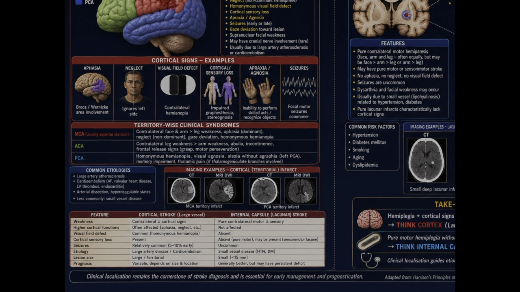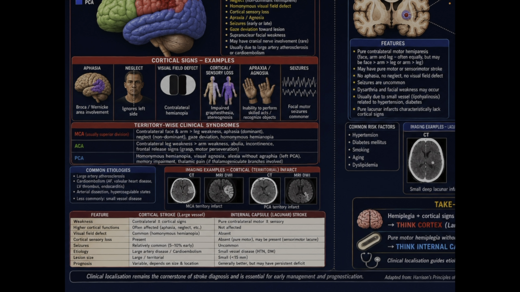Absence of aphasia or neglect does not completely exclude cortical stroke, but their presence strongly favors a cortical lesion.